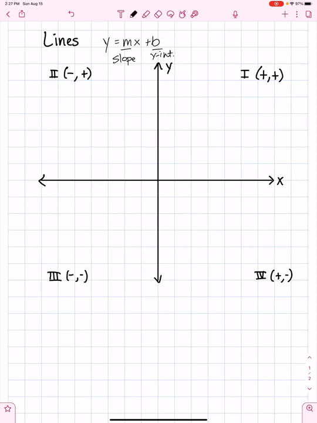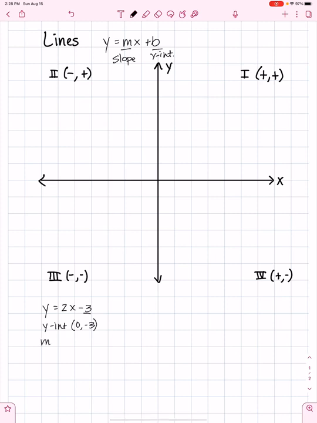So let's look at an example. Let's say I give you y equals 2x minus 3. Well, this means that I have a y-intercept at (0, -3), because an intercept is an ordered pair. If it's a y-intercept, it's an ordered pair in which the x value is always 0, and in this case, the y value is going to be this part of your equation.